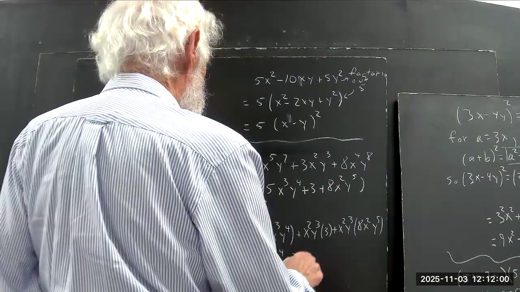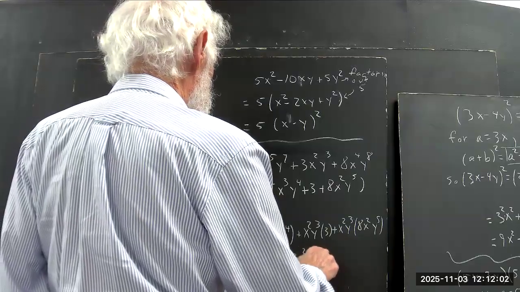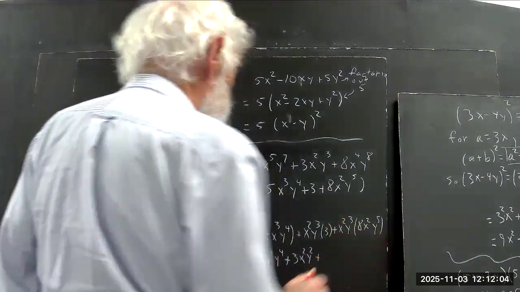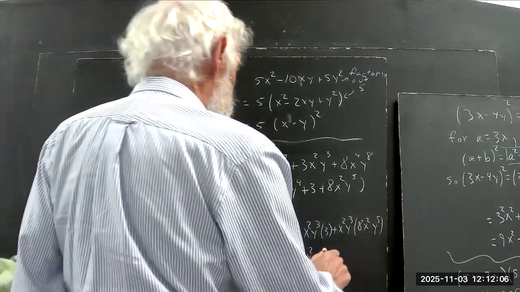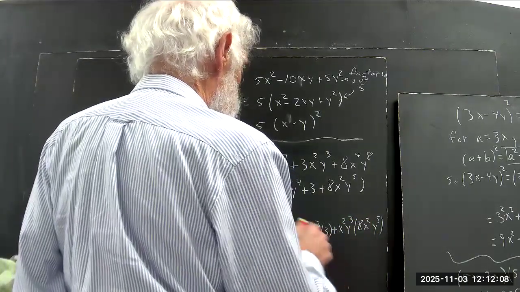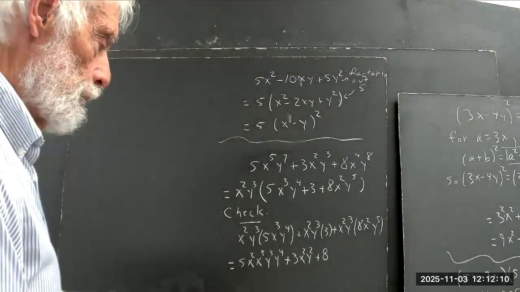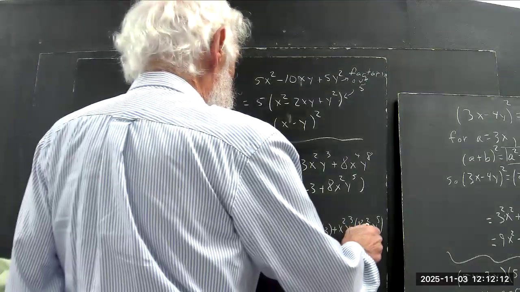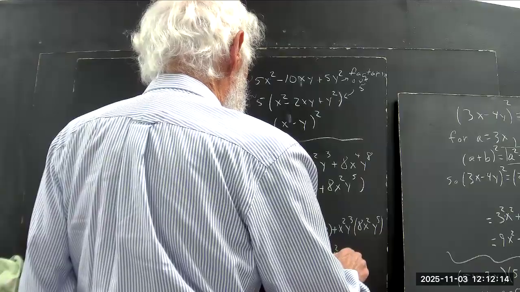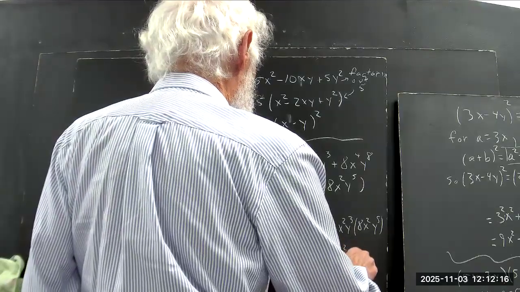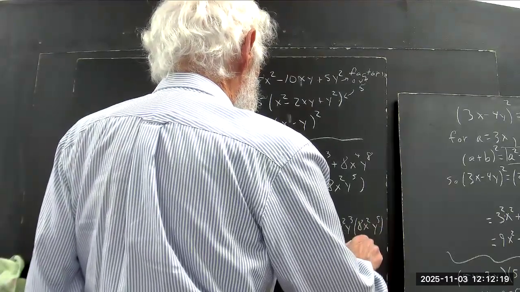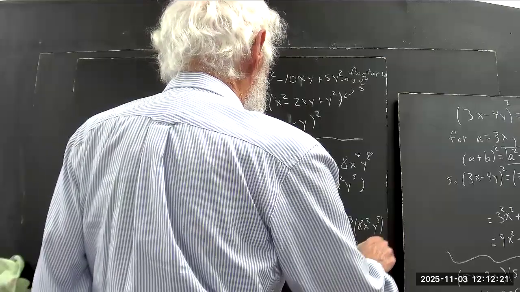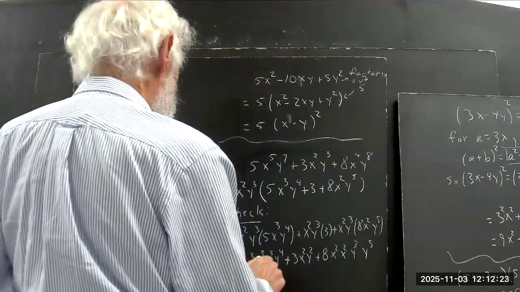This second term can just be written 3x squared y squared. And this last term is, well, we have an 8. We usually put our number out in front, first chance we get. And we have an x squared times an x squared, and a y cubed times y to the 5th.